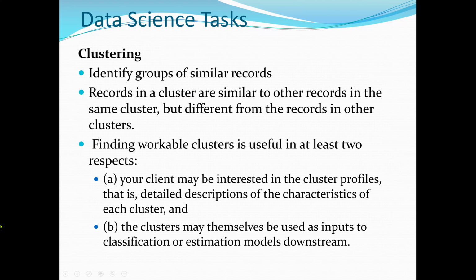Finding the workable clusters is useful in at least two respects. First, your client may be interested in the cluster profiles, that is, a detailed description of the characteristics of each cluster. And secondly, the clusters may themselves be used as input to a classification or estimation model downstream.